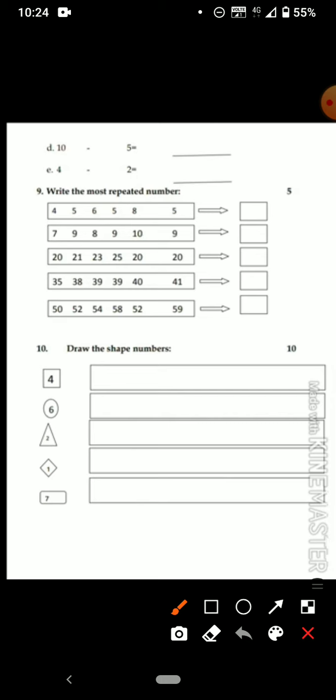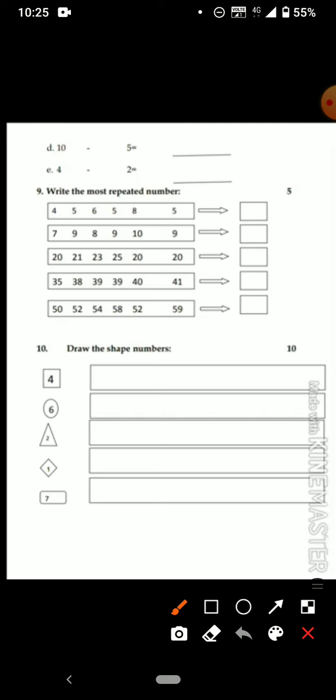Next Roman, the last and final Roman. Draw the shapes. They have to draw them. They have given square, rectangle, triangle, circle. You don't know them yet, but in the first and second classes you will learn about rectangle, triangle, square, circle.